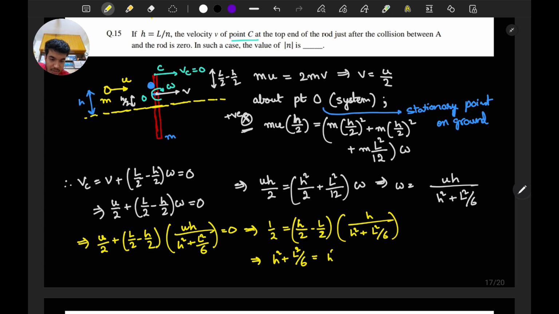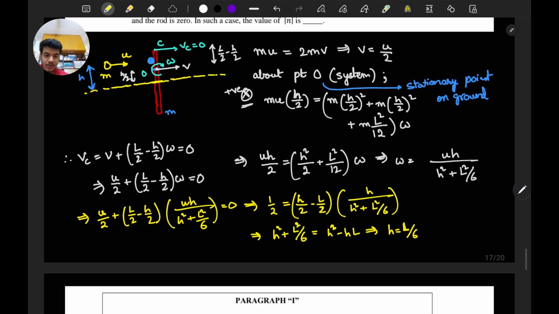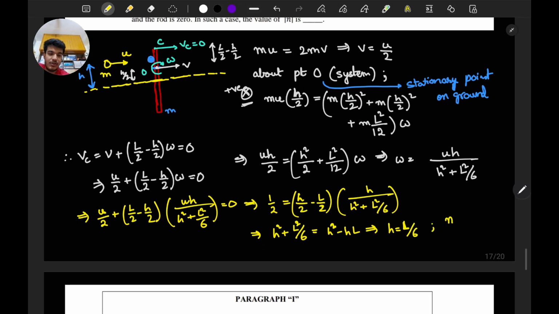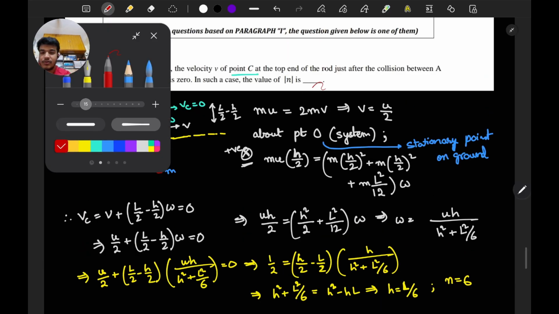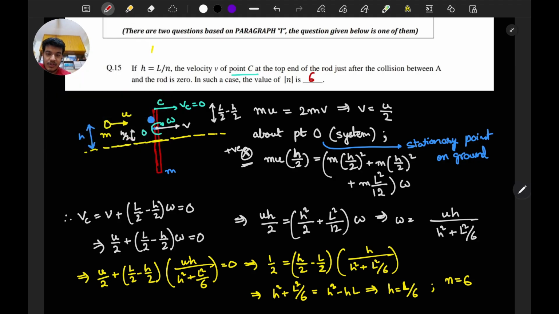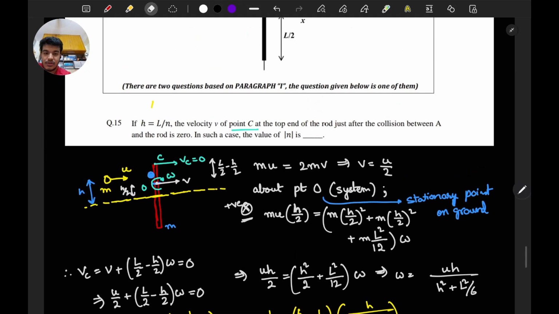So it is h^2 minus hL. From here the equation would come as h equal to L by 6. So my n value is 6. All right, so I have the answer to the first question, which is question number 15. The first question's answer to the paragraph type is 6.